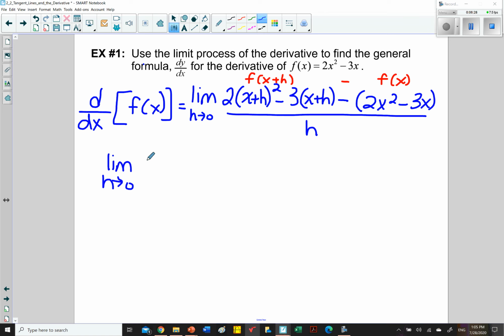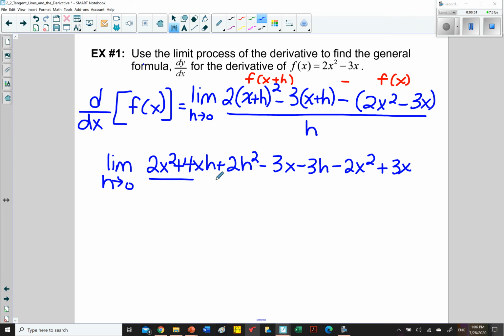Expanding all of this, multiplying by 2 as I expand that binomial would be 2x squared plus 4xh plus 2h squared, distributing the 3, then distributing the minus, dividing by h. And like we said last time, if there's not an h in the term, it should be able to be eliminated. So the 3x and the 2x squared.